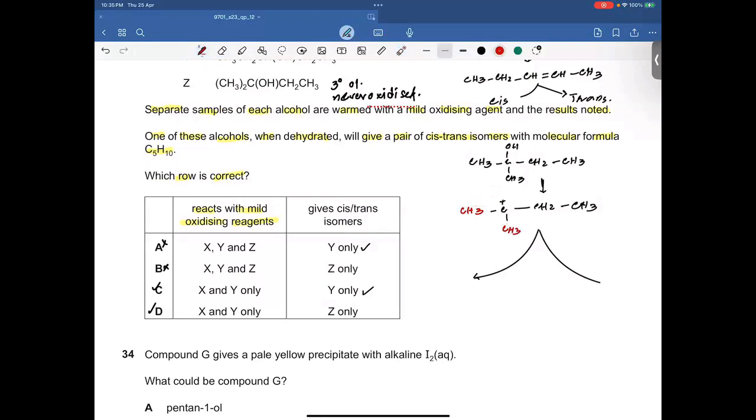So obviously you will get CH2 double bond C, CH3, CH2, and then CH3. This will not give you any sort of geometrical isomerism because this double bonded carbon has two similar hydrogens. If two similar atoms are attached to the same double bonded carbon atom, you will not get geometrical isomerism.